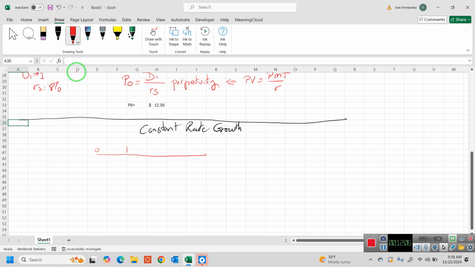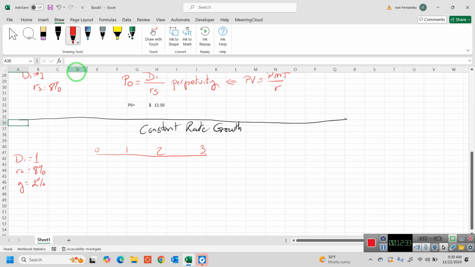0, 1, 2, and 3. We're going to have a dividend. Let's say that the next dividend is $1. Let's say the required return is still 8%, but we now have growth of 2% after the first dividend.